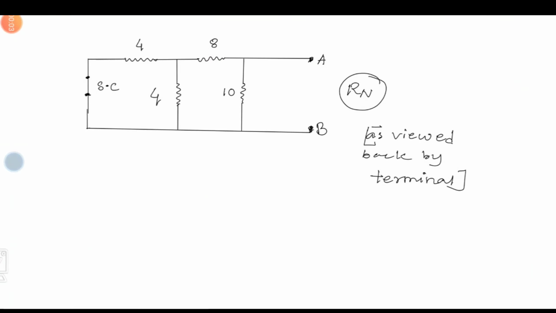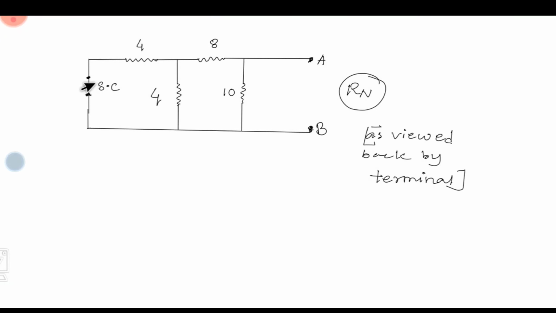Now in the next step we will find Rn, and in this case we have to replace the sources by their internal resistance. If a voltage source is present, then it becomes a short circuit, and if there is a current source present, then it becomes an open circuit. So this is the circuit after the conversion.